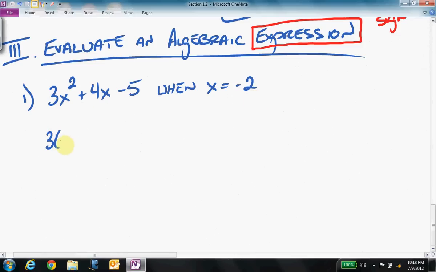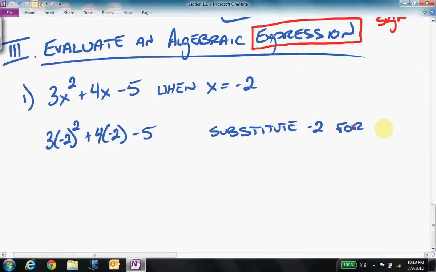So whenever we see an x, we're going to replace it with a -2, and write the rest of the expression exactly the same. So we substitute -2 for x.